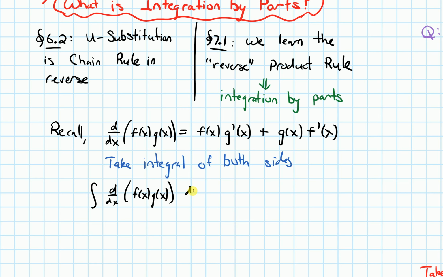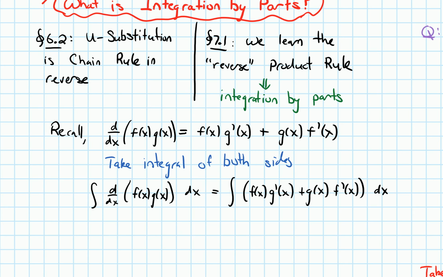Got to write the dx, that's my notational thing when I do my antiderivative. Same thing on the other side. I need an integral of this whole thing, f of x times g prime of x plus g of x times f prime of x, and then I have to write the dx.